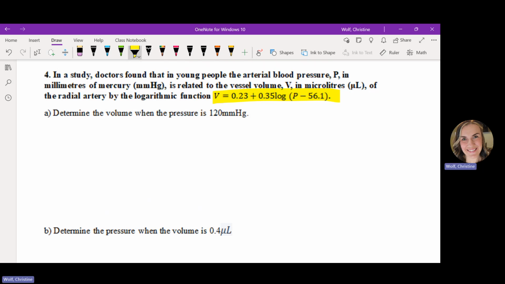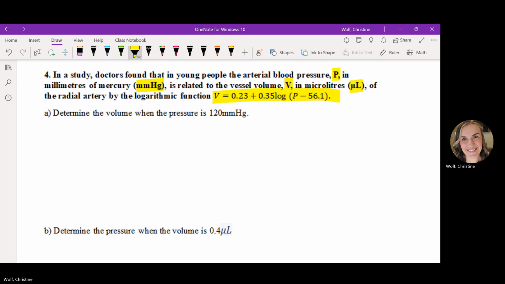In a study, doctors found that in young people, the arterial blood pressure, which we will define by P, in millimeters of mercury, which we will define by mmHg, is related to the volume, V, in microliters of the radial artery by the log function, blah, blah, blah. So this log function describes your blood pressure based on the volume of blood you have.